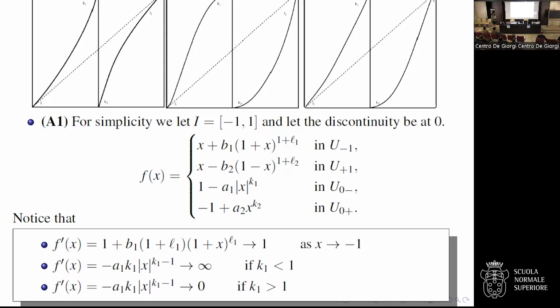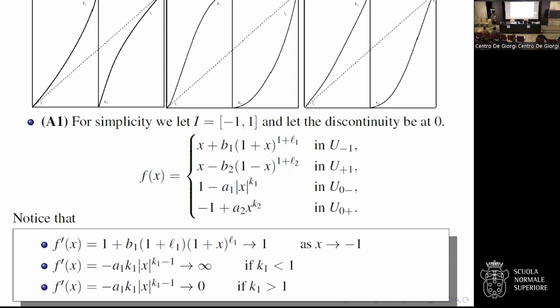So these parameters B1, B2, A1, A2, we put them there just for generality, to show that that doesn't matter, actually. It turns out that they play essentially no role whatsoever, which is also somewhat surprising. But these 4 parameters are very important. Okay, so this is our first assumption.